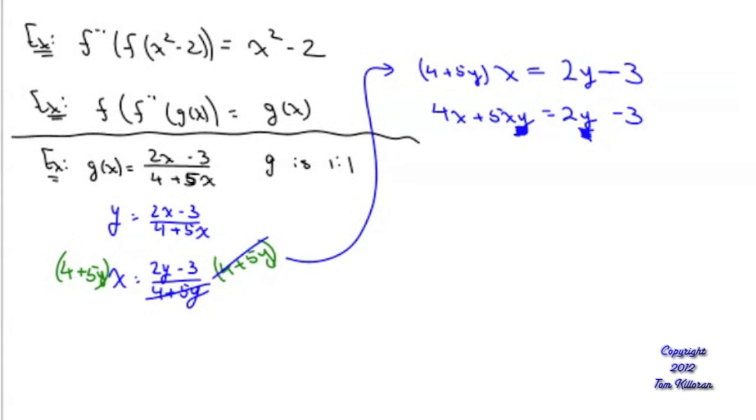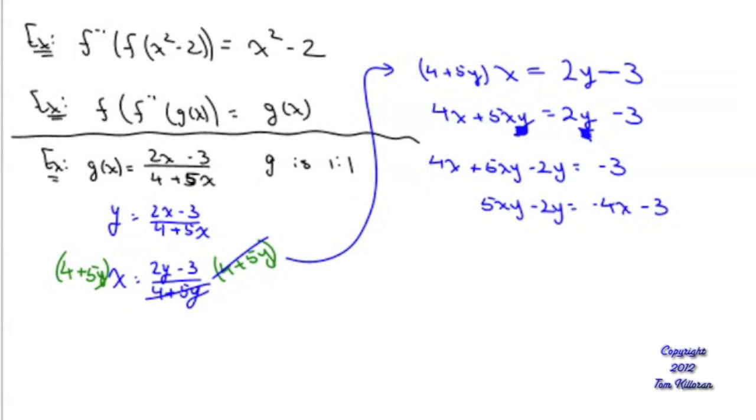Subtract 2y. So this becomes 4x plus 5xy minus 2y is equal to negative 3. Then what? Move that 4x because it has no y's in it. So we're going to get 5xy minus 2y is equal to negative 4x minus 3. Say it again.